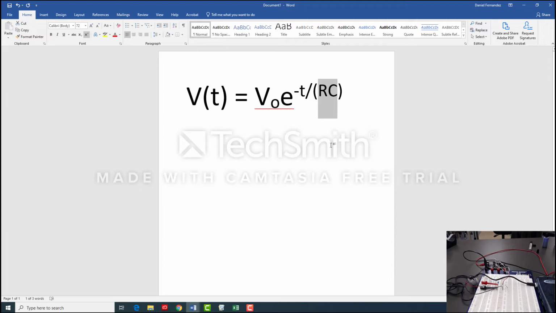Now what this means is that this number, R times C, has units of time, seconds, which is interesting.